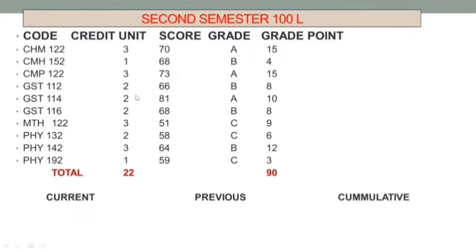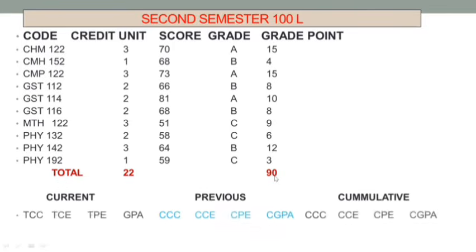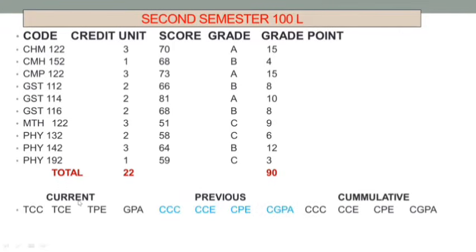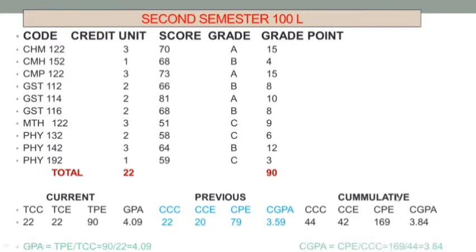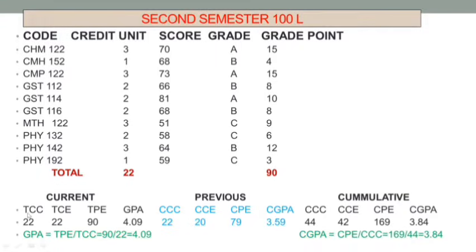Then the total credit unit carried by this student for this semester is still 22. The total point earned is 90. Let's look at his current, his previous, and his cumulative. So the student this semester, the total credit carried is 22. Out of the 22, no carryover. He earned all of them, which is 22.